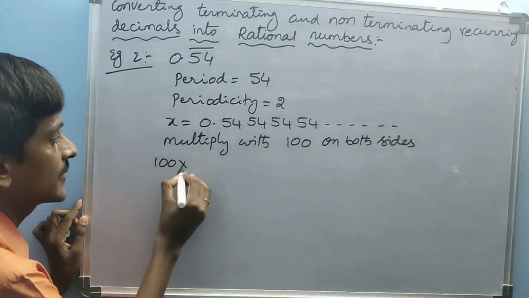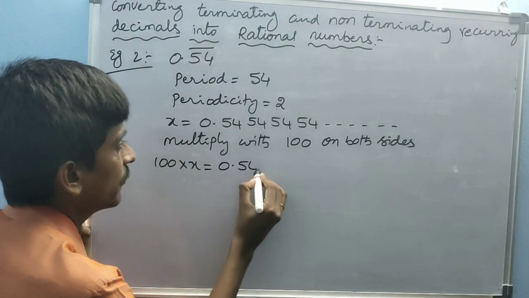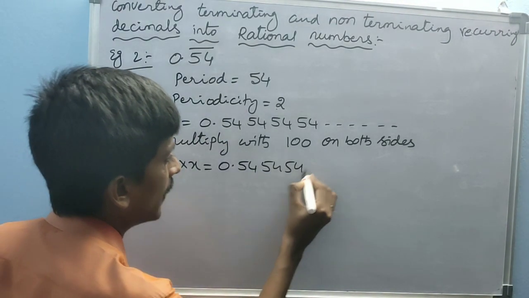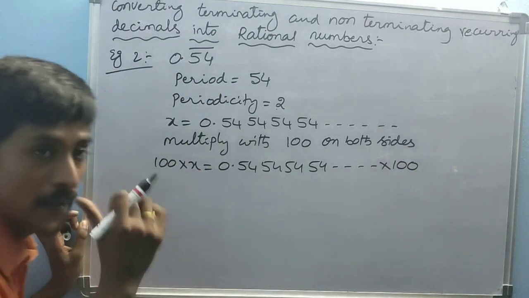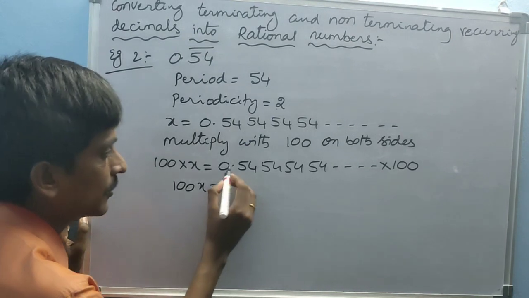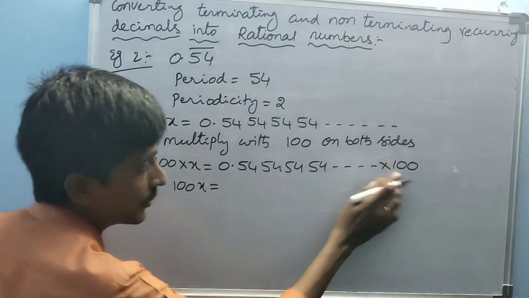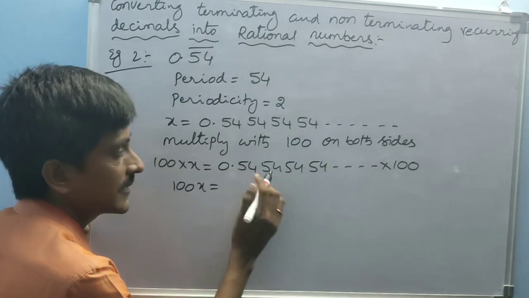100 into x equals 0.54545454 and so on into 100. 100x equals... when multiplied with 100, two zeros, the decimal point moves two digits after.